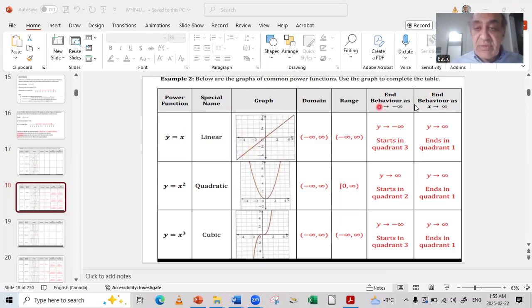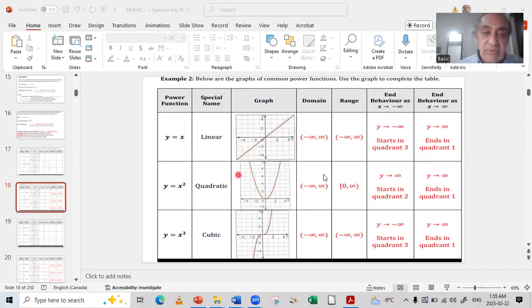So it goes like this, and this is the end behavior, like what you see here. It starts from quarter 3 and ends in quarter 1.